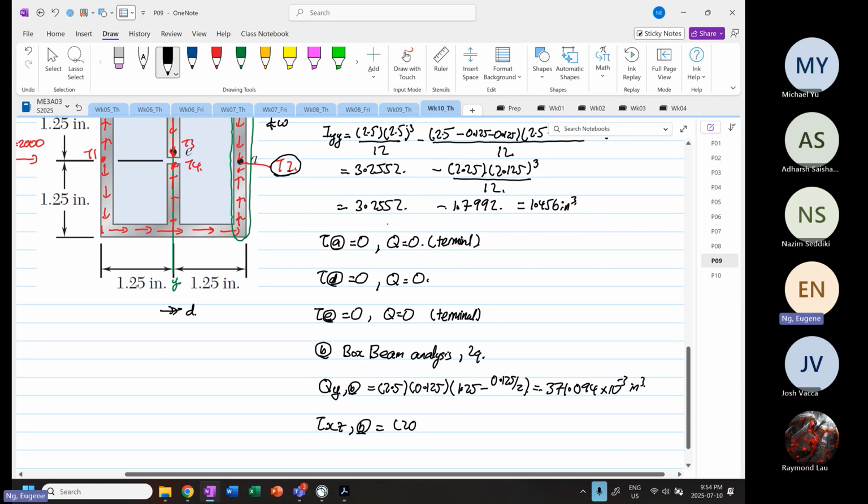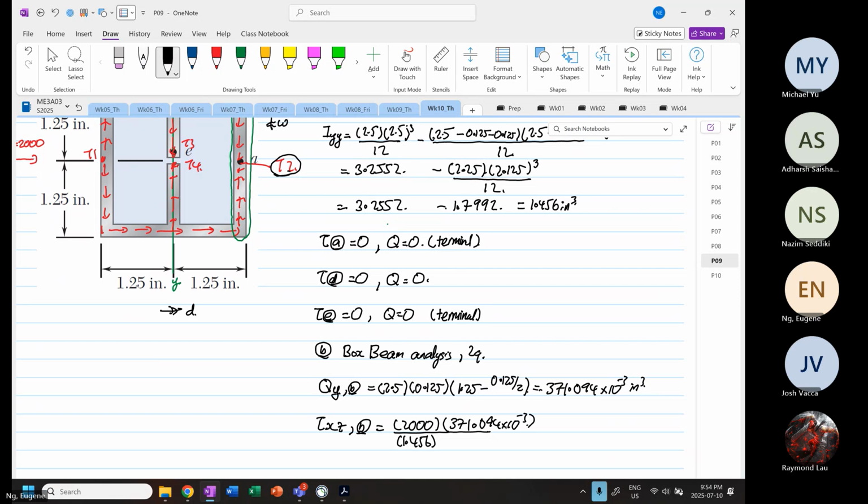So 2000 divided by 1.456, and then you have 371.094, box beam, 0.125.